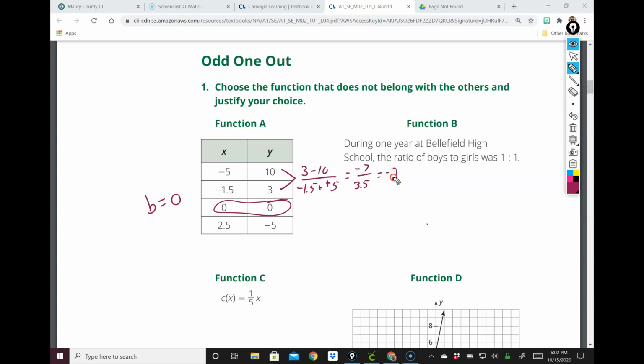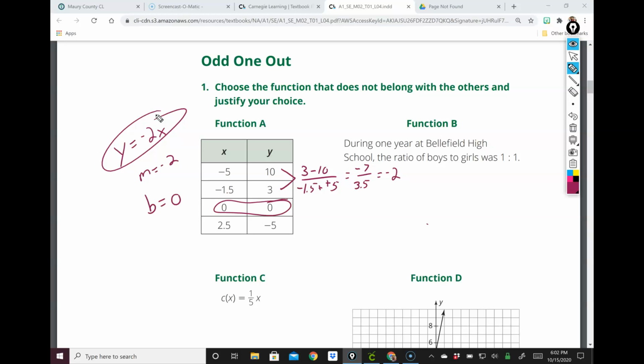So that'll give me a slope of -2. So I could have an equation as -2x for function A.